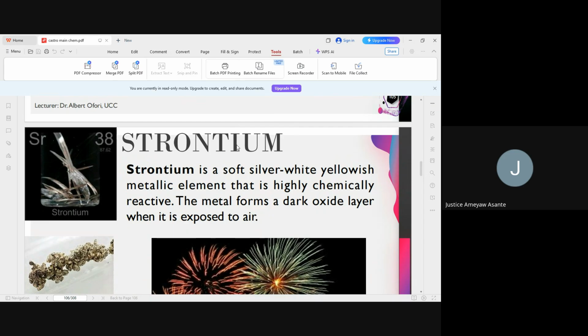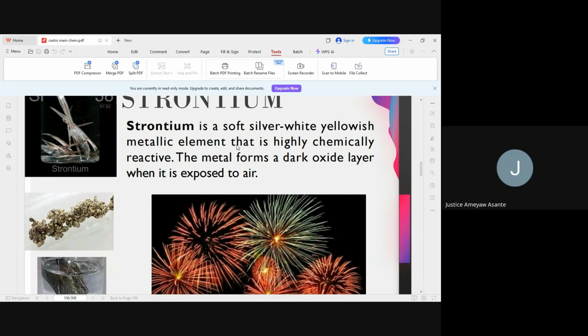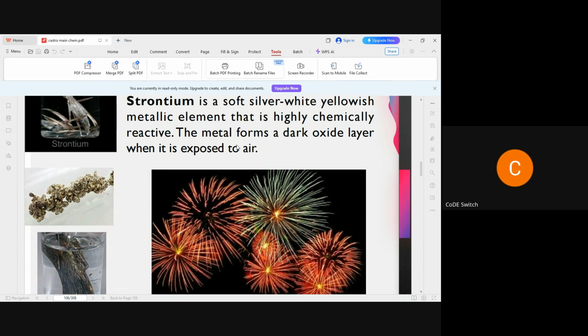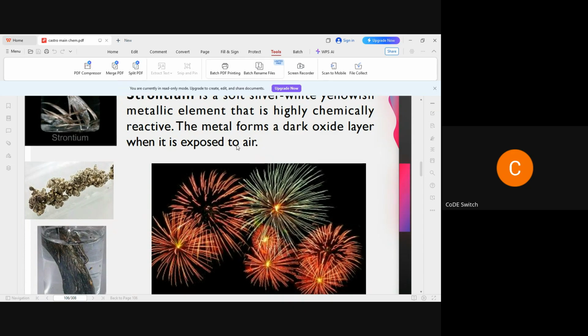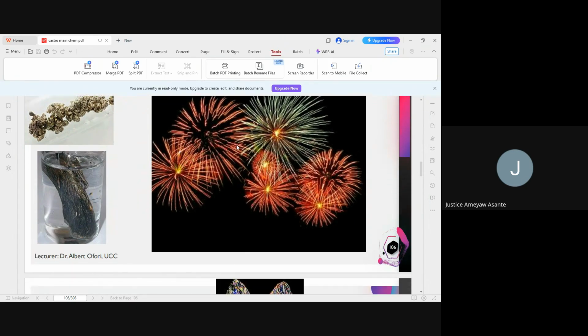So this also is in the elements. Strontium is a soft, silver-white, yellowish metallic element that is highly chemically reactive. The metal forms a dark layer when it is exposed to air, and this is all that you see here.